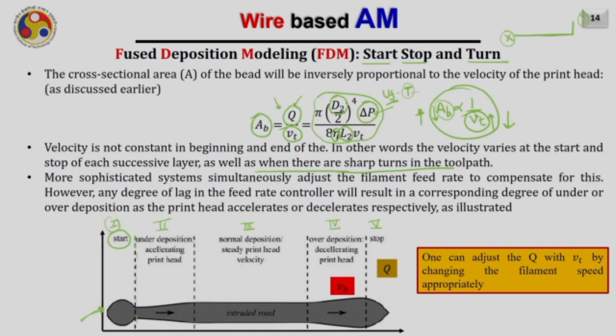Let me come back to the first zone, where my velocity is shown here in this red curve. The traverse velocity is 0. It is not started yet. It is just starting and the head doesn't start moving right now. So velocity is 0, but we will start feeding the wire into the nozzle.